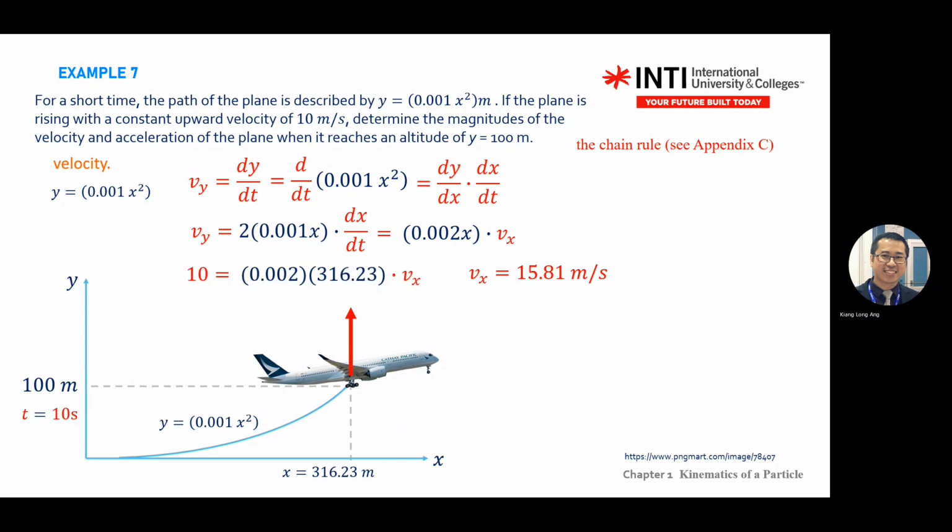Then you substitute your vy. You have your vy, right? Vy is 10. You know that at 10 seconds, your x is 300 something. You substitute here, left with one unknown, your vx. From here, your vx is 15 point something.